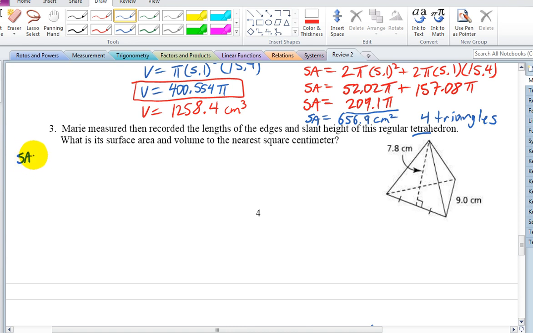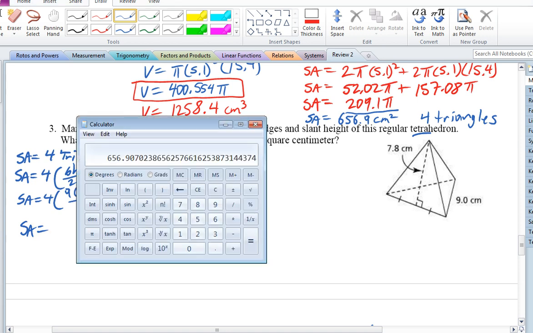Surface area equals 4 triangles. So surface area equals 4 times base times height divided by 2. They give you all the information you need. The base is 9, the height is 7.8, divided by 2. Go to your calculator, make sure you can do this.